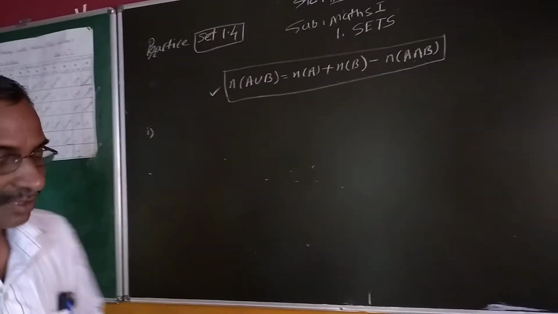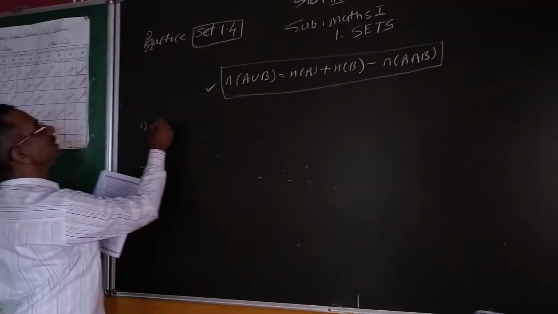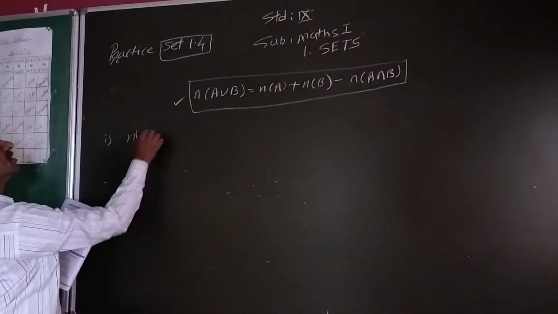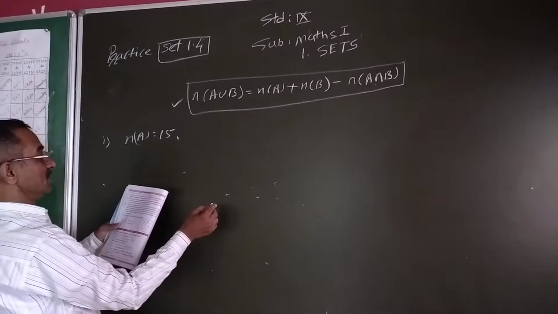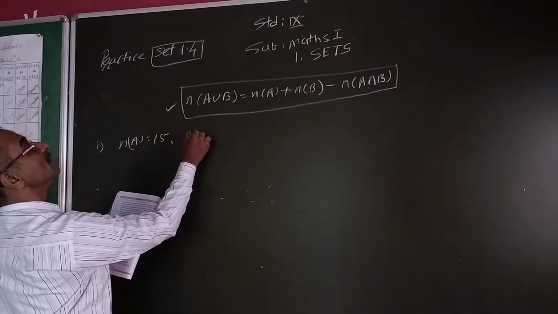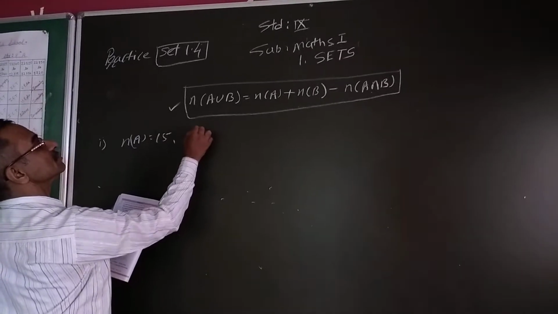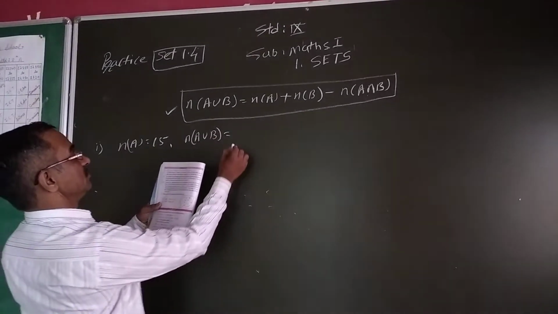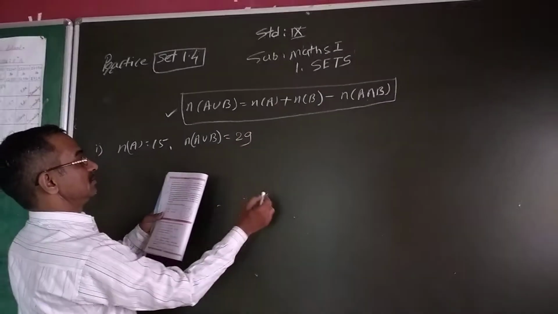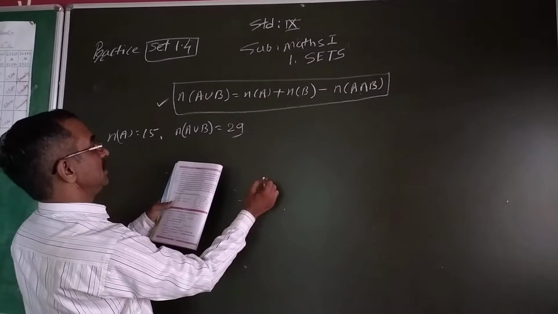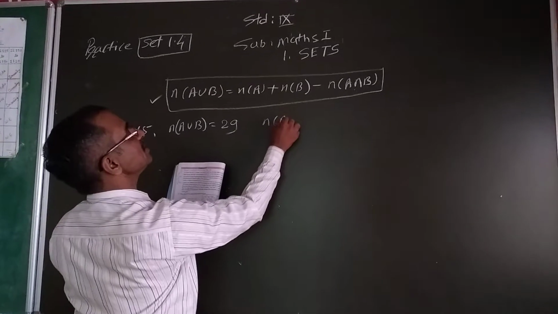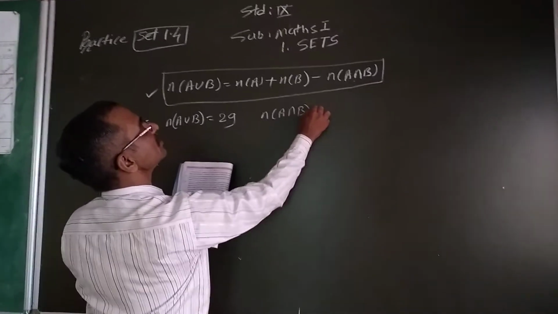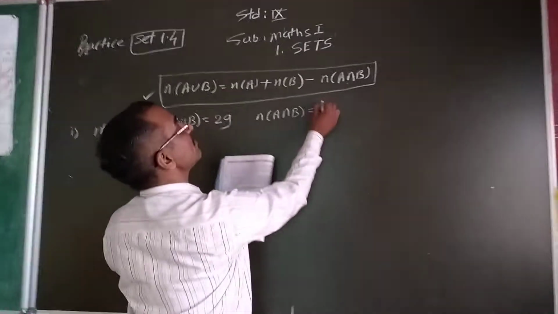First example: number of elements in A is equal to 15, number of elements in A union B is equal to 29, then number of elements of A intersection B is equal to 7.